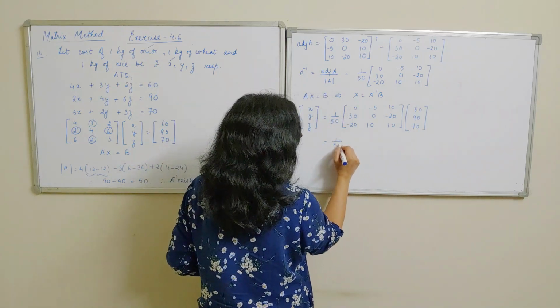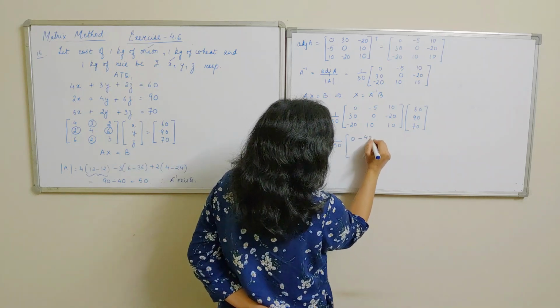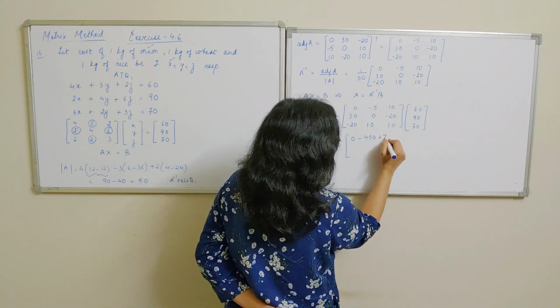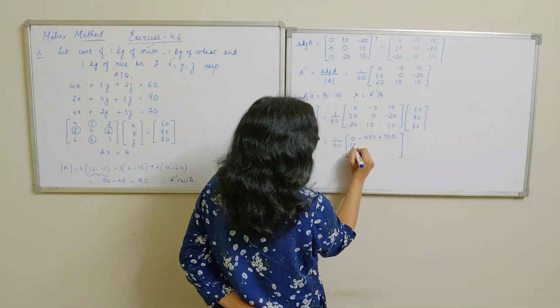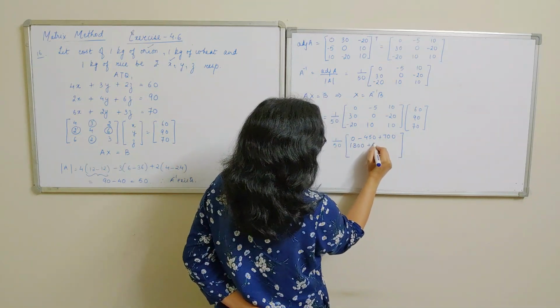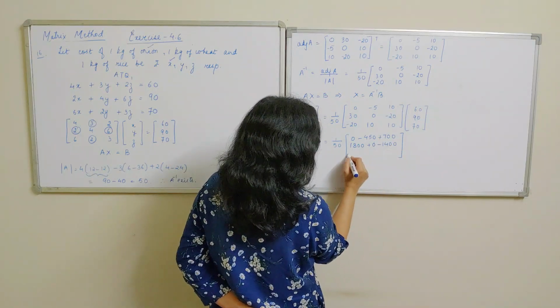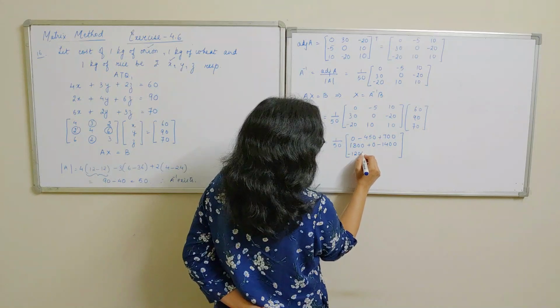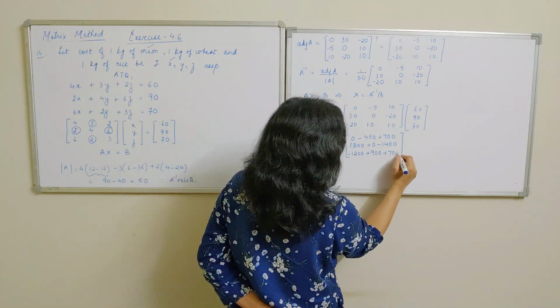So once again multiplying the matrices, this is 0 minus 450 plus 700. Next is 1800 plus 0 minus 1400. Next is 1200 plus 900 plus 700.